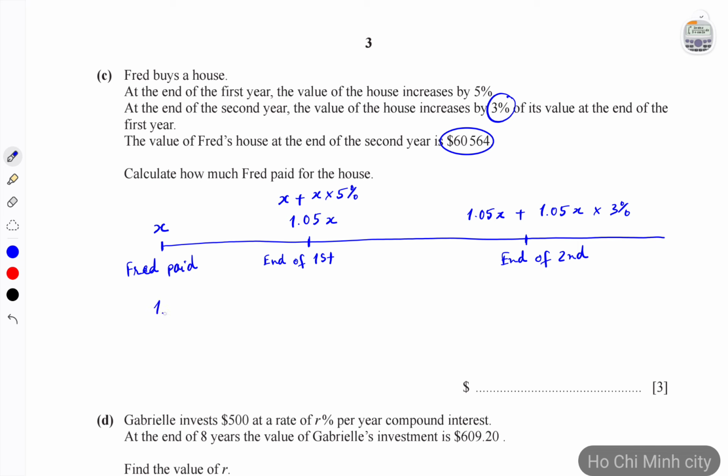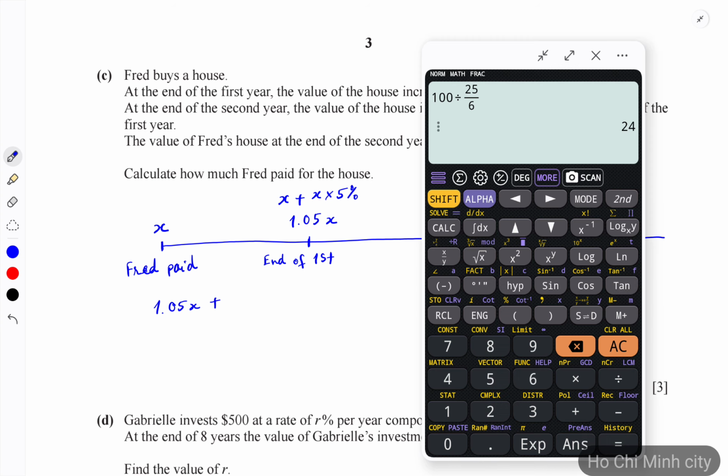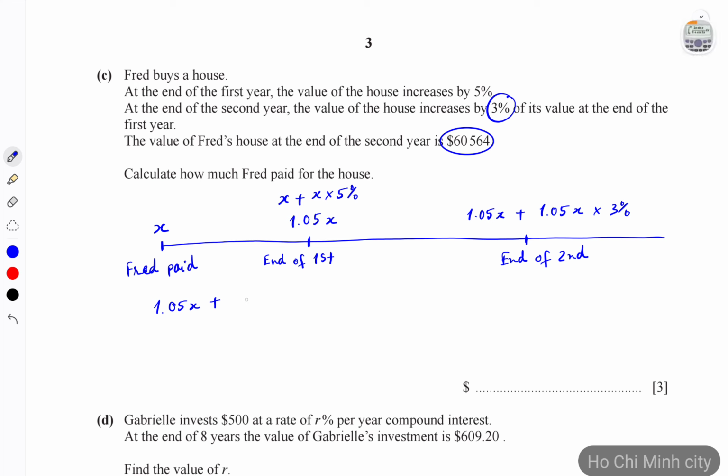All right, so we can write down here: 1.05x plus 1.05 times 0.03, which is 0.0315, is equivalent to 60,564.